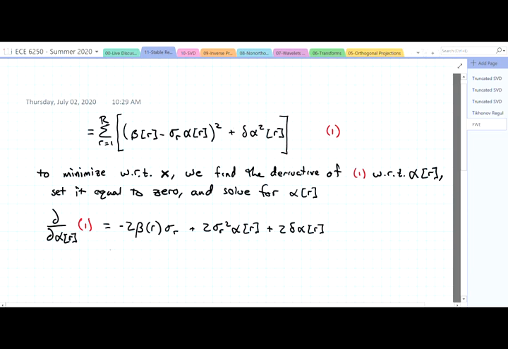Okay, and we'll set that equal to 0, like so, and we can easily solve for alpha r that minimizes this as sigma r over sigma r squared plus delta times beta r.